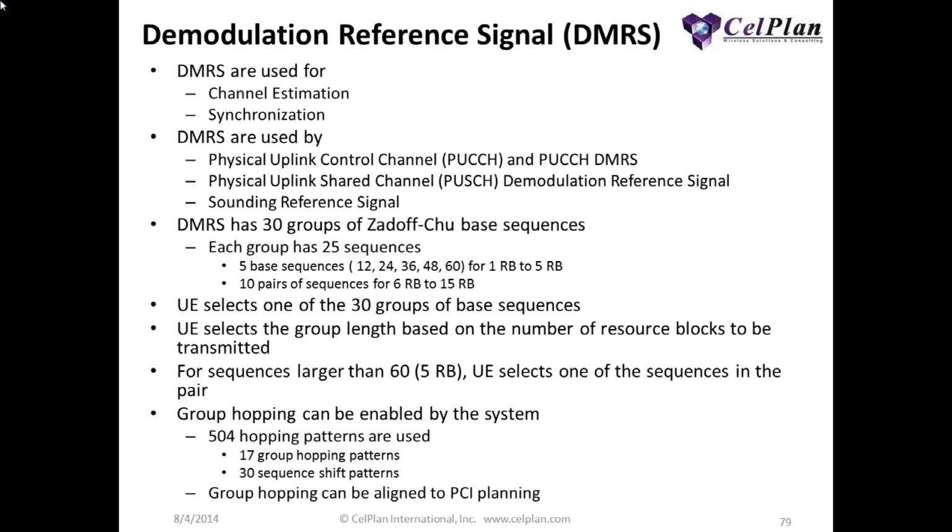So the demodulation reference signals are used for channel estimation and synchronization. We have DMRS in the control channel and the uplink shared channel, and we also have another kind of reference signal called sounding reference signals.